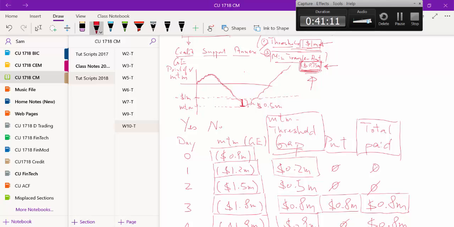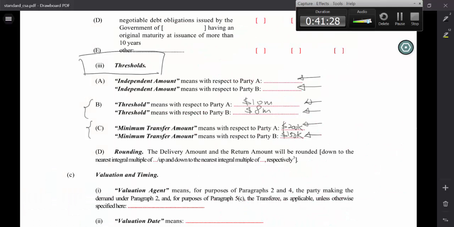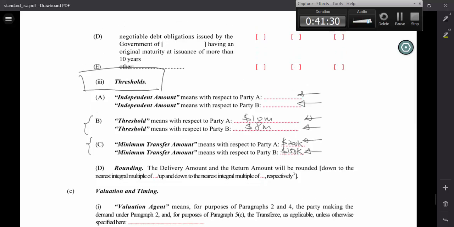and if the market recovers and they are now above the threshold of $1 million, so technically JP Morgan will be the one paying GE if things are completely symmetric. But my point to you just now is they don't have to be symmetric.